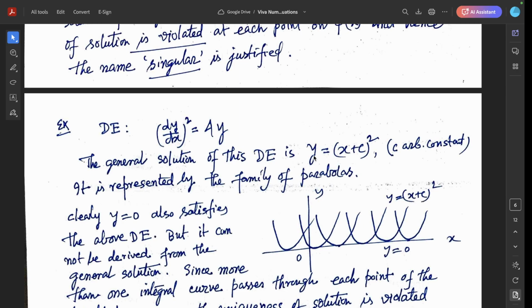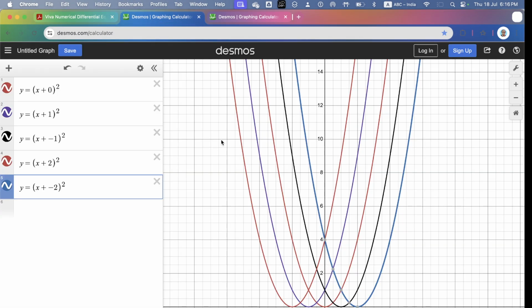This represents a one-parameter family of parabolas, with parameter c, and we can draw the graph. Here is y = (x + 0)², this is y = (x + 1)², and this is y = (x + 2)², and in black, y = (x - 1)².